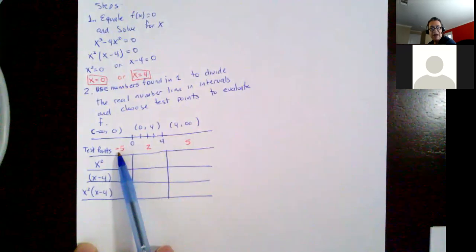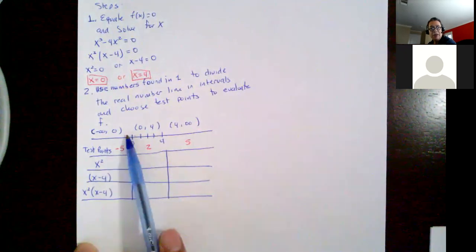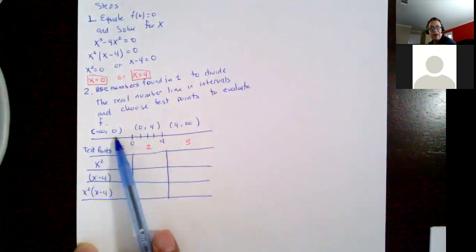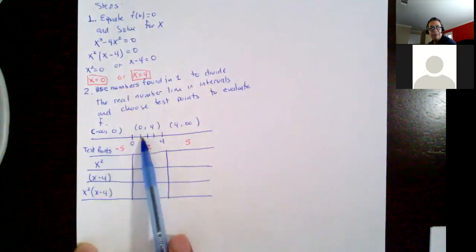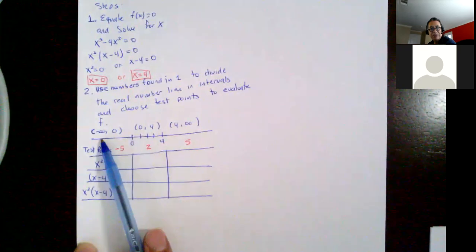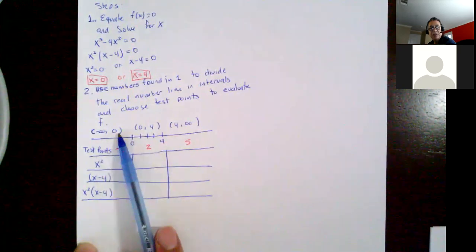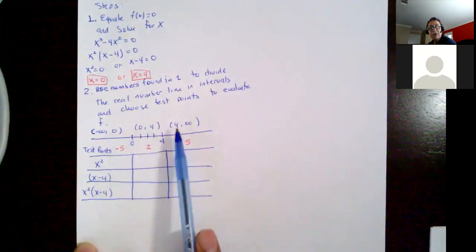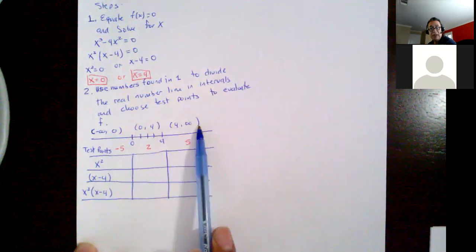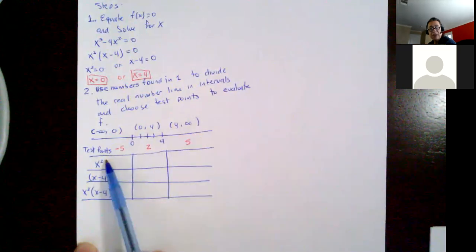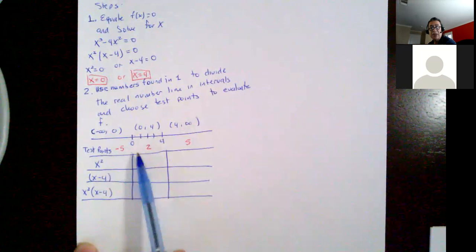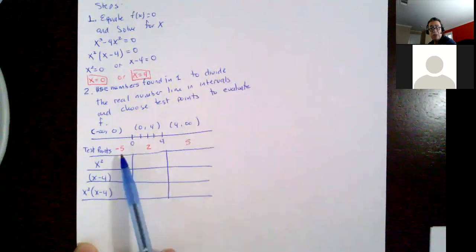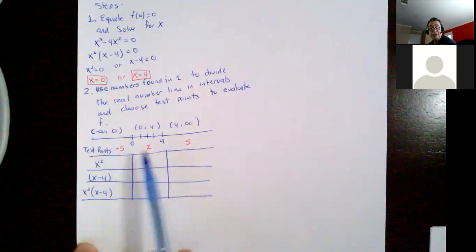The number line is divided into 3 intervals: from negative infinity to 0, from 0 to 4, and from 4 to infinity. I chose -5, 2, and 5.